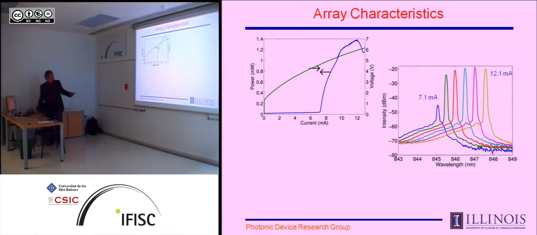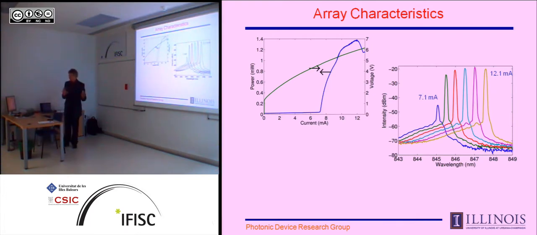So this is the light versus current characteristics. This is the spectral characteristics. And so you can see that over this entire operating range, even though there's a couple of discontinuities here, we see a single mode. We don't have 4 lasers operating independently of each other, because if we did, we'd probably have 4 spectra sitting either very close or on top of each other, giving us a wide spectrum.